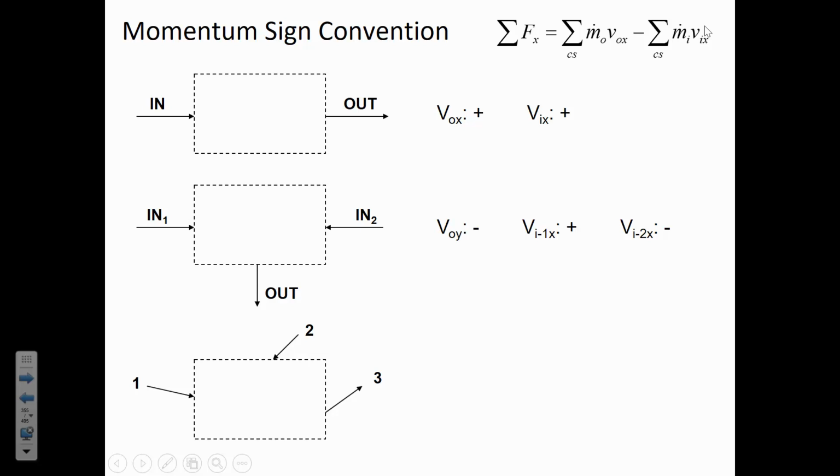Finally, velocity out at location 3 in the x direction. So it's going out of the control volume. Positive or negative x? Positive, right, because it's in the rightward direction, and the velocity out at location 3 in the y direction, it's going up, and so it's positive as well.